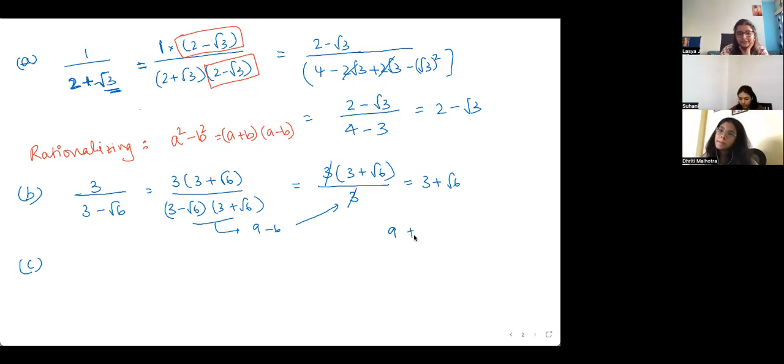You guys got 9 plus 3 root 6 upon 3, right? So I just took 3 common from both of these. So this 3 into 3 here. Plus if I take 3 out, root 6 will be left here. So divided by 3. Okay. All right. Next one.